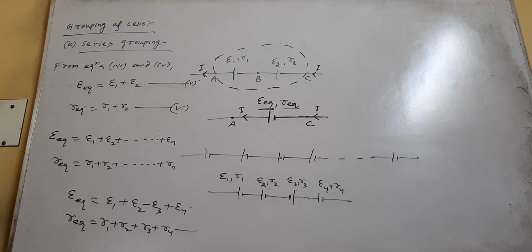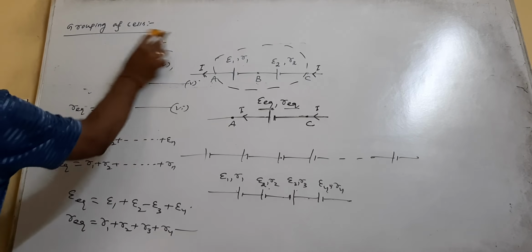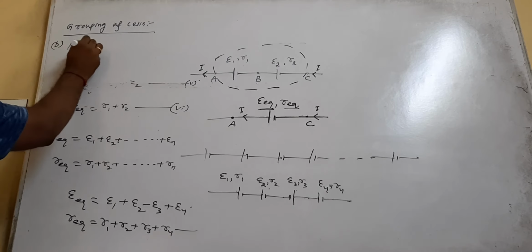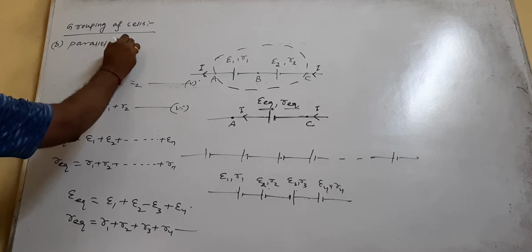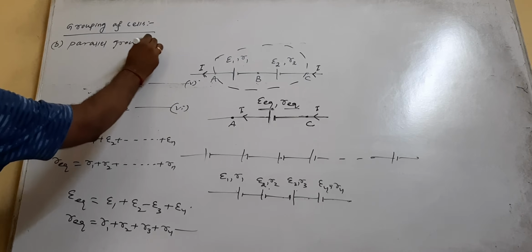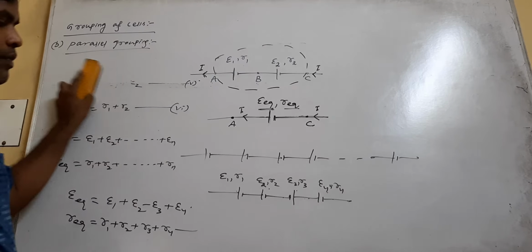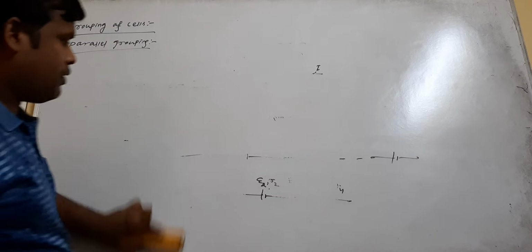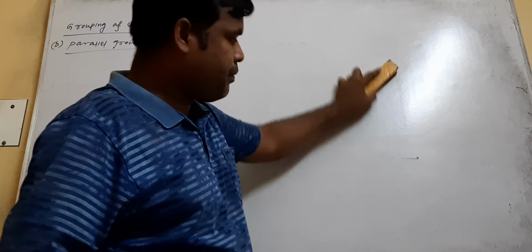So now come to parallel grouping. You consider two cells.